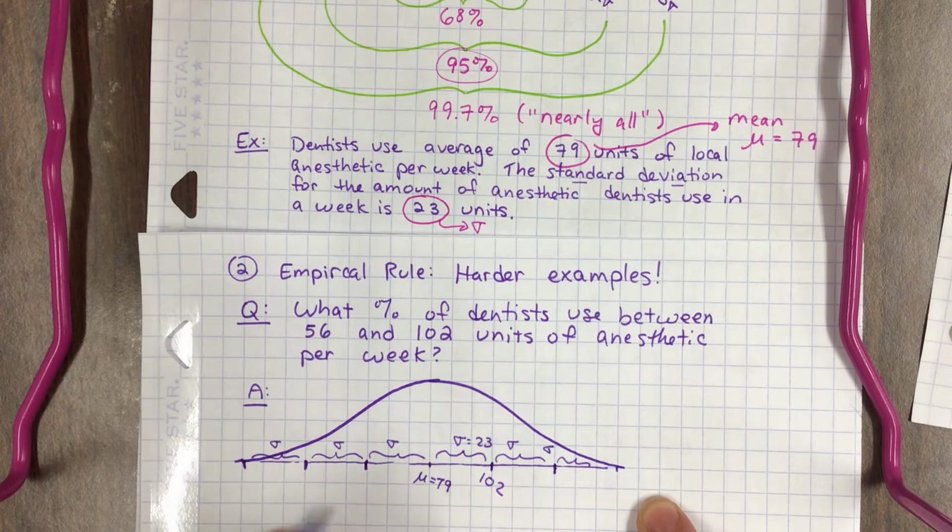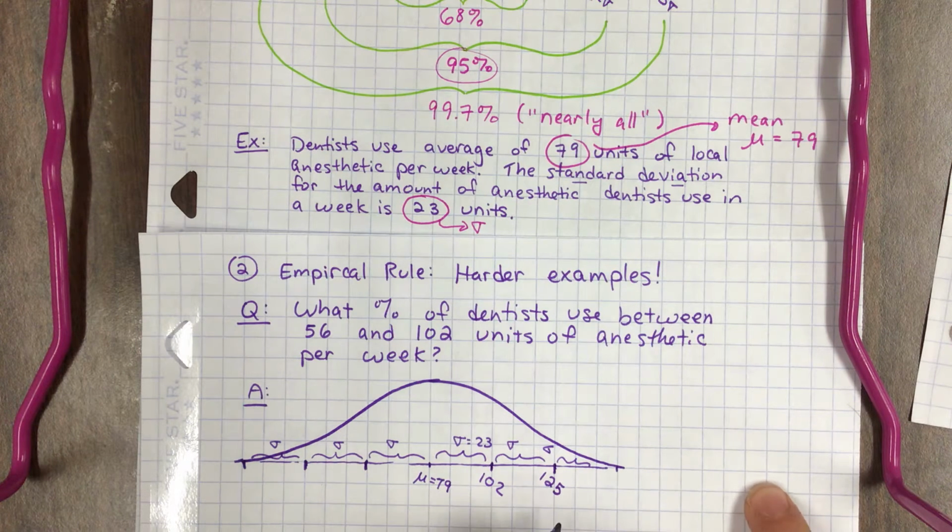If I add another standard deviation, so I add 23 to that, now I'm up to 125. And if I add yet another standard deviation, I'll land at 125 plus 23, or 148.